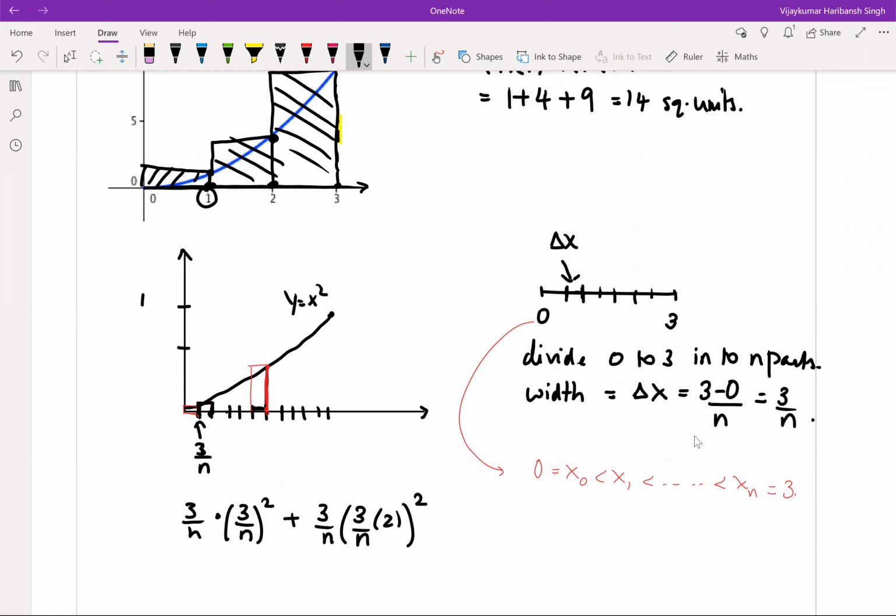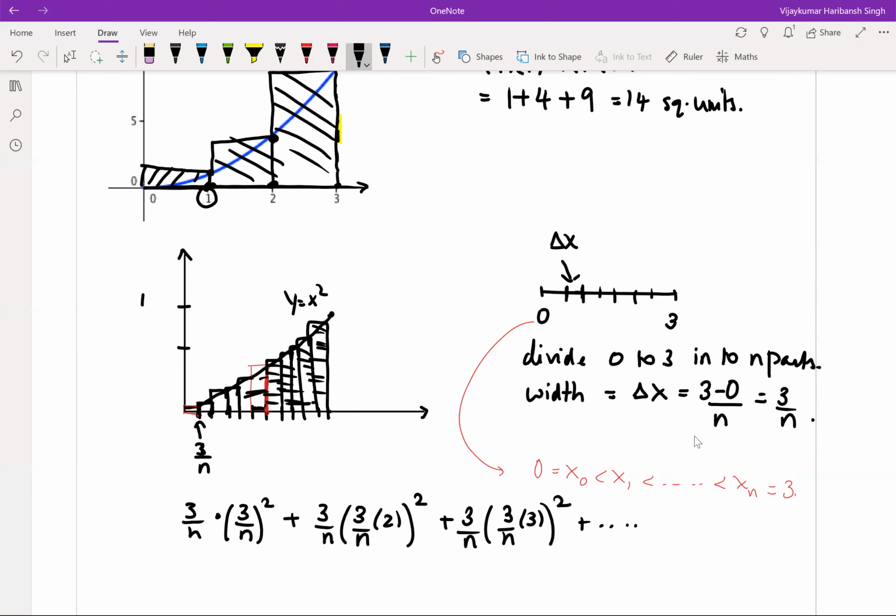Now let's go to the next one here. For the next one, again, the base is fixed, 3 by n. What is the height in that case? The height is going to be 3 by n times 3, the whole square, and so on and so forth. So you keep on doing it until the last one. So you make all these rectangles, and then you're basically finding the area of all these rectangles and adding them up.